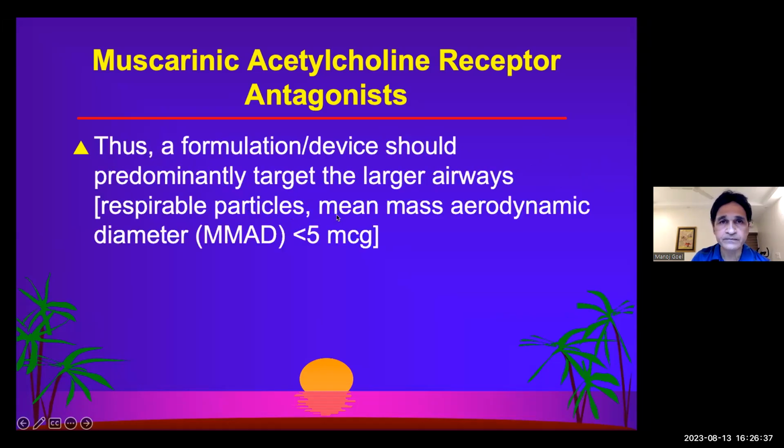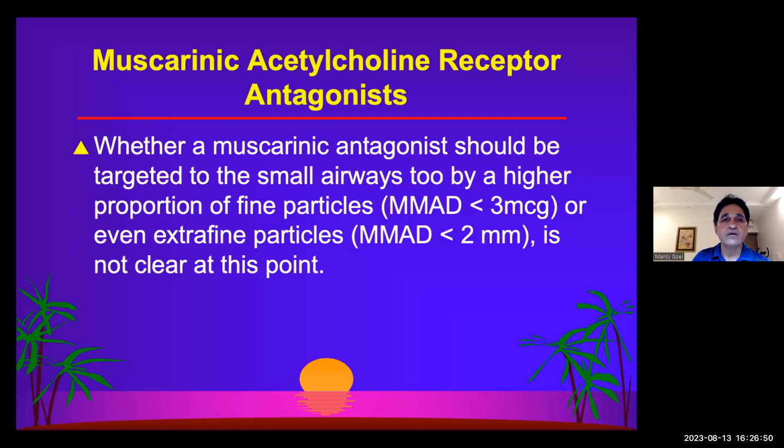Right? So a formulation or device should predominantly target the large airways with respirable particles of mean mass aerodynamic diameter, MMAD, of less than 5 micrometers. Okay, these are the larger size particles. Whether a muscarinic antagonist should be targeted to small airways too, by a high proportion of fine particles, say less than 3 micrometers, or even extra fine particles, less than 2 micrometers, is not clear at this point in time, mainly because the density of the M3 receptor is highest in the larger airways.